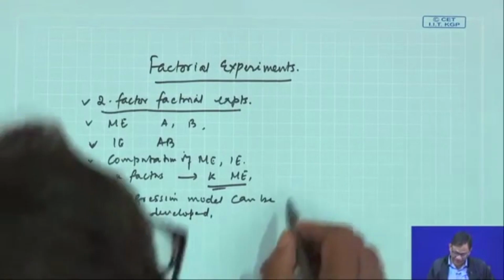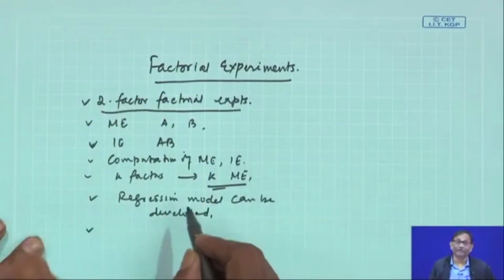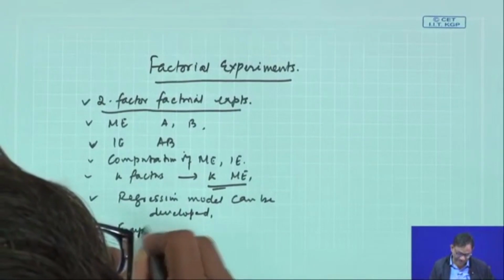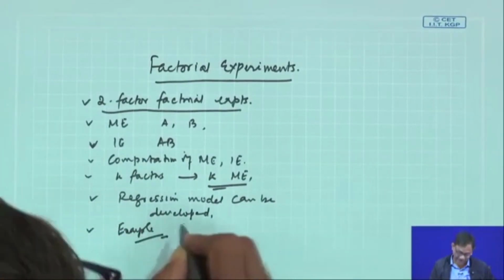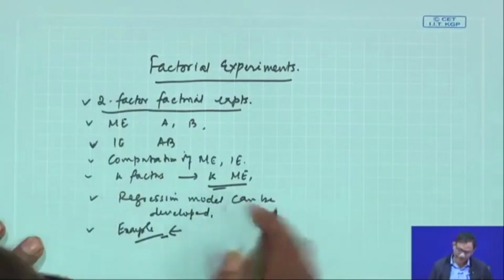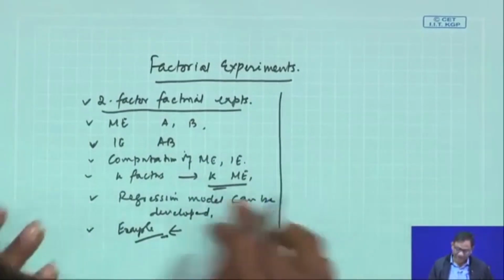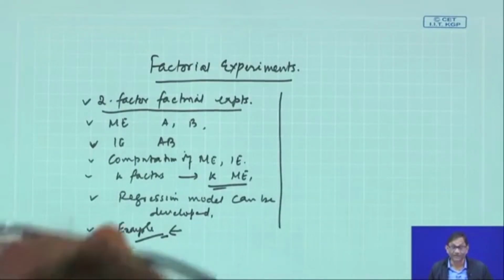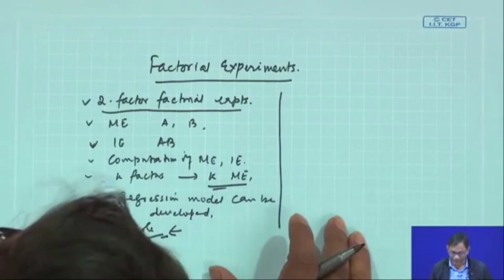Then I gave you one example of a factorial experiment with two factors, with hypothetical data, and the general layout of the data table.